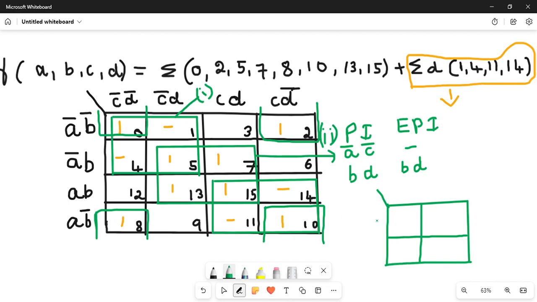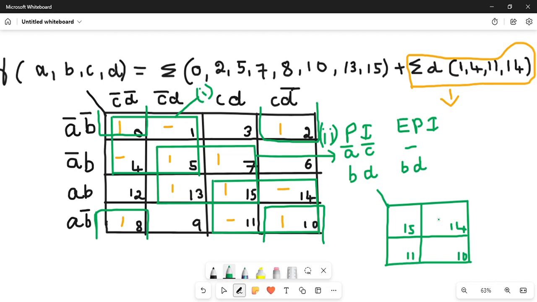So here it is nothing but 15, 14, 11 and 10, right.